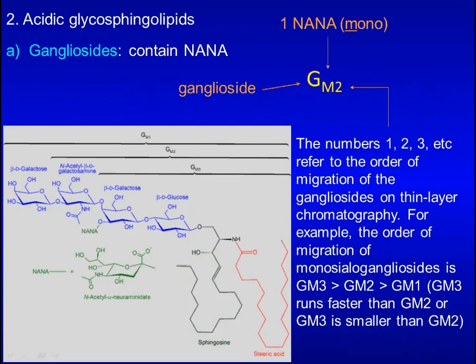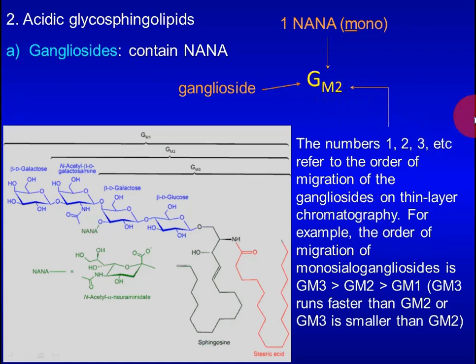Gangliosides contain the acidic sugar NANA. In the notation GM2, G stands for ganglioside, M stands for mono-NANA. The number refers to the order of migration of gangliosides on thin layer chromatography.